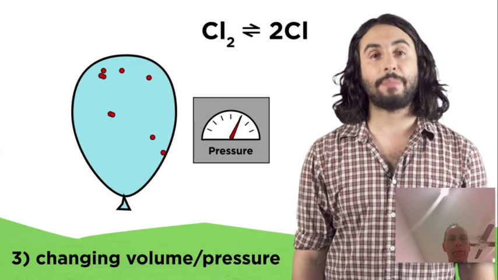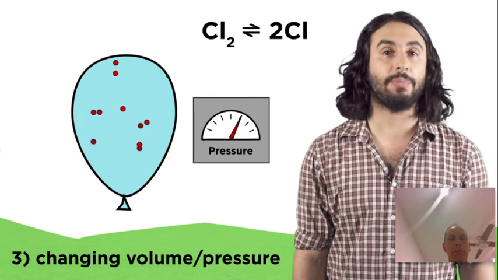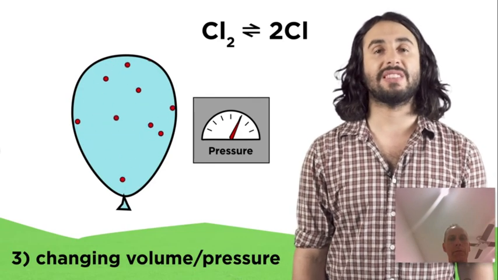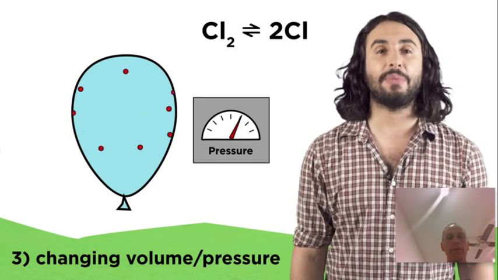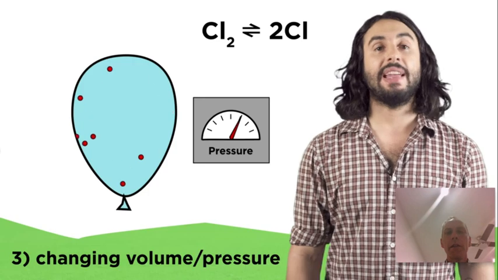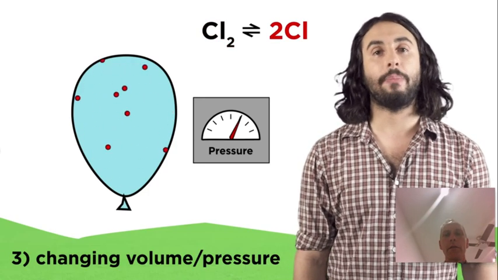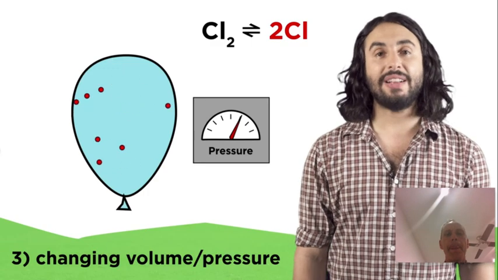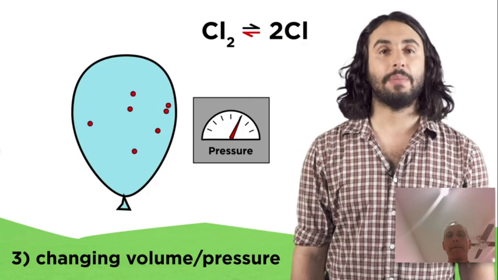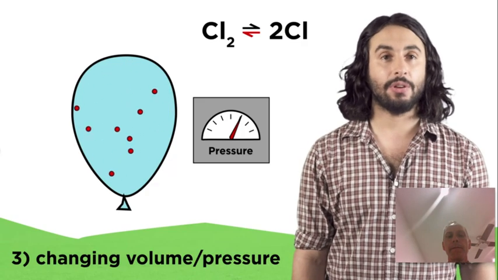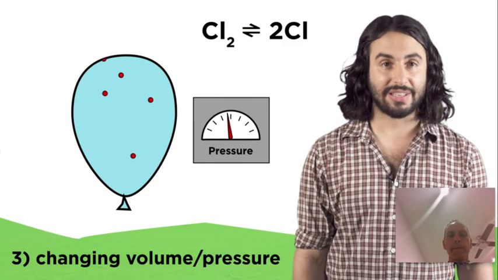If there is a discrepancy in the number of moles of particles on either side of the equilibrium, it will shift towards the side with fewer particles so as to alleviate some of the additional pressure. In this equilibrium between a diatomic molecule and two monoatomic species, the right side has twice as many particles. So shifting left means atoms fusing together, resulting in fewer particles, which lowers the pressure on the container.